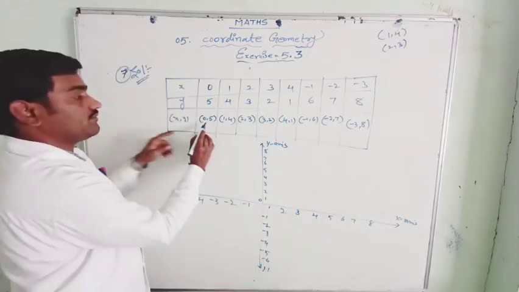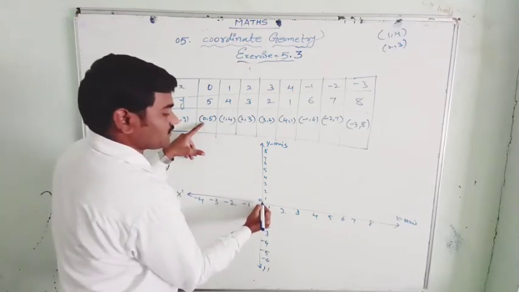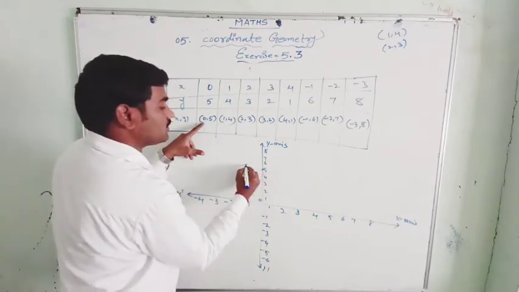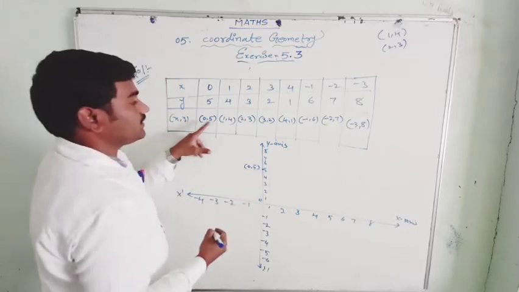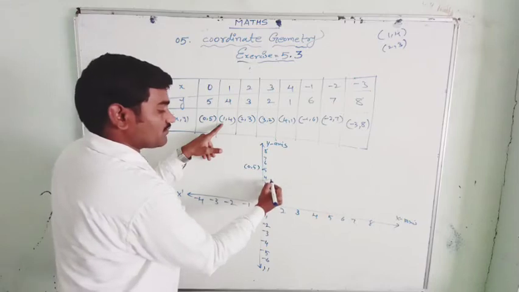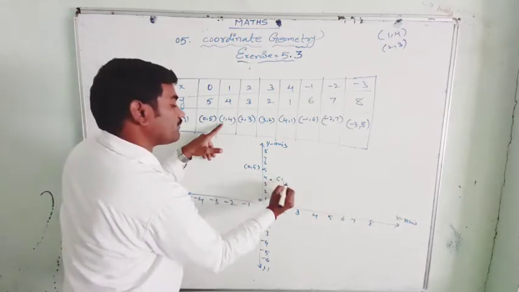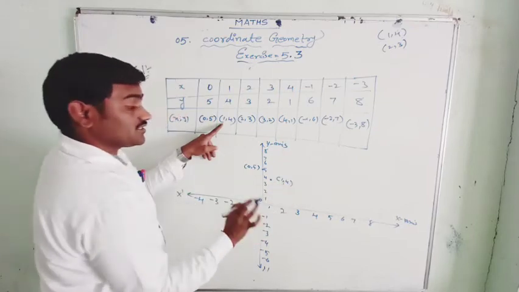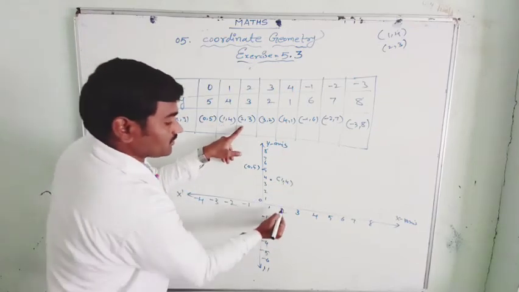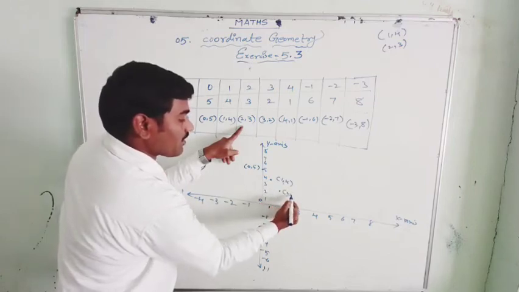So locate the point (0, 5). The x value is 0, the y value is 5. Here (0, 5). Next, (1, 4): plus 1 and plus 4 here. You observe this, wonderful, you will get (2, 3). Here it comes, (2, 3).